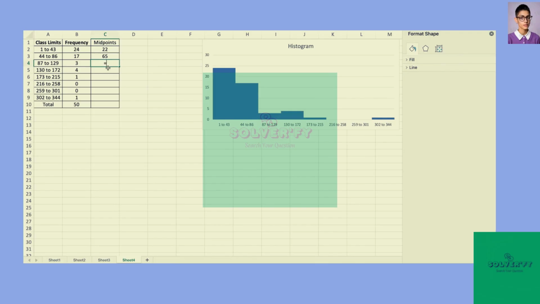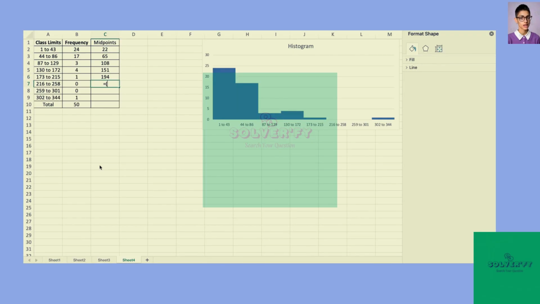Then equals 87 plus 129, divide by 2, then equals 130 plus 172, divide by 2. Then I have equals 173 plus 215, divide by 2.